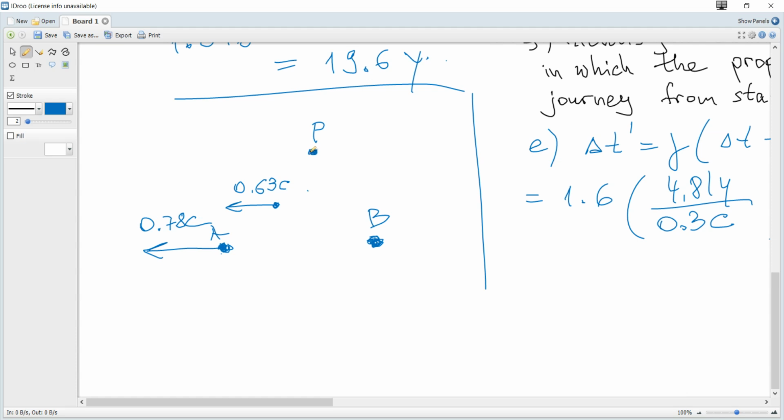Difference. Why? Because for P it seems that this, let's call it a rocket, moves in this direction, but no, actually AB is moving faster, so the shuttle is moving actually to the right with speed 0.15, which is the difference.